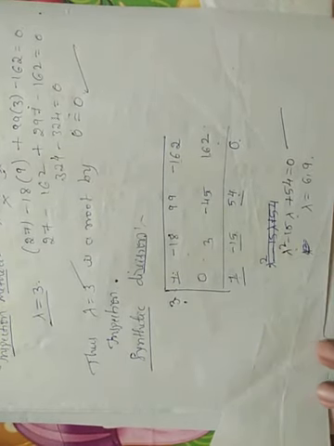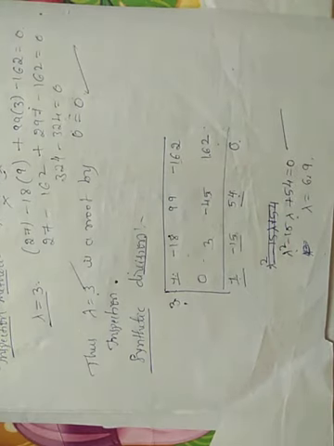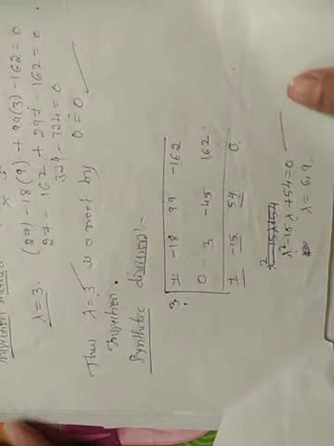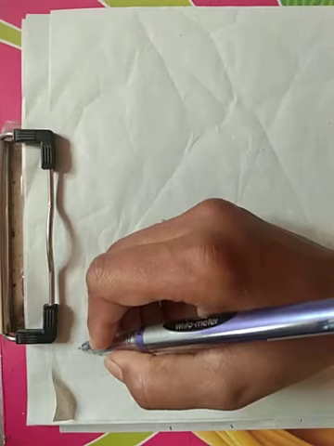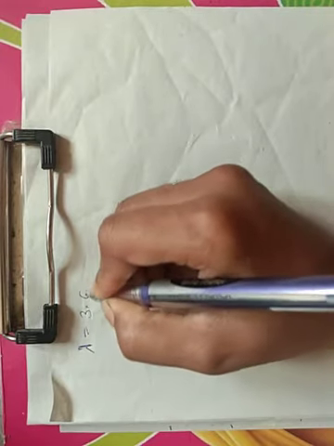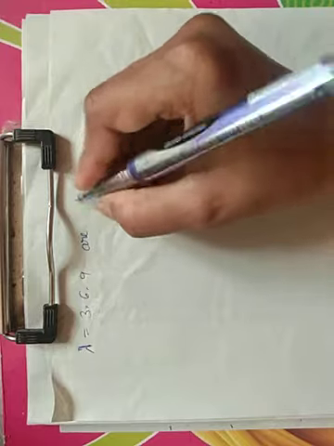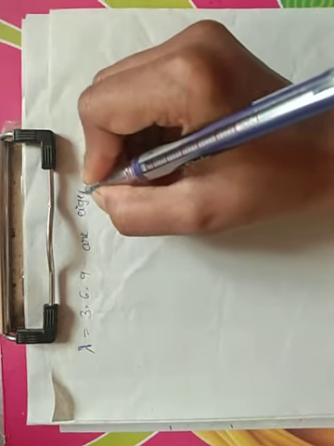So lambda equal to 3, 6 and 9 are the eigen roots, or eigenvalues, of the given characteristic equation.